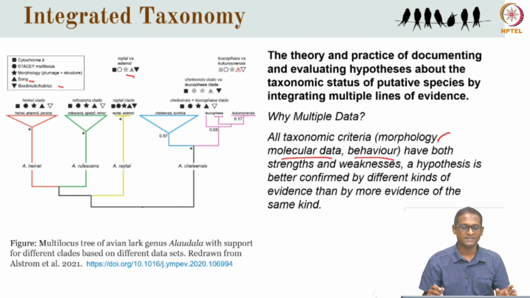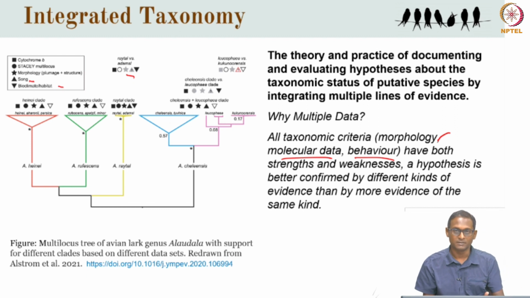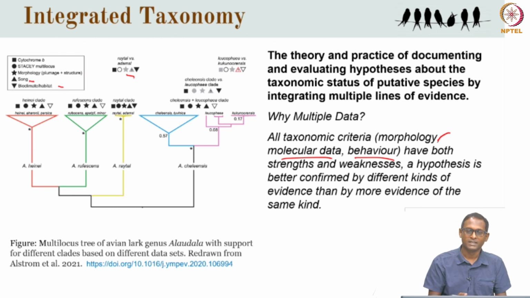Essentially, what I'm trying to say is that in this data set, where they looked at various kinds of information, some are consistent. So genetic data may show a certain pattern, but the plumage may not, and song may not or may do that. How you reconcile all of these different lines of evidence is the new integrated taxonomy and taxonomic approach that most people seem to favor today.